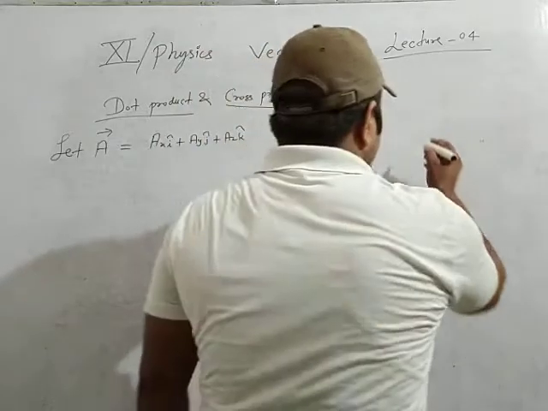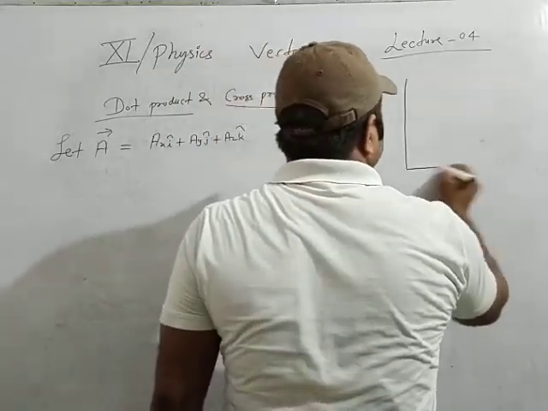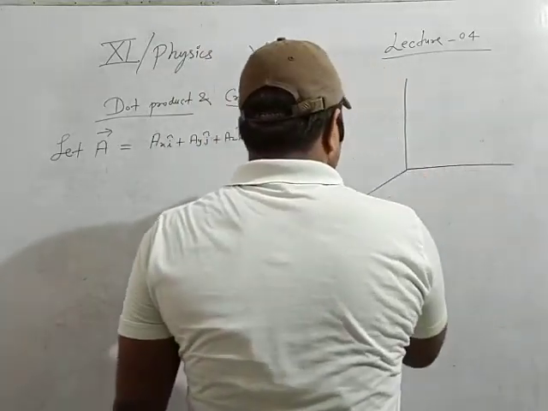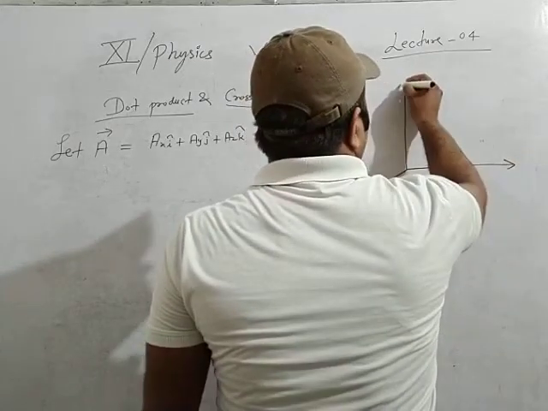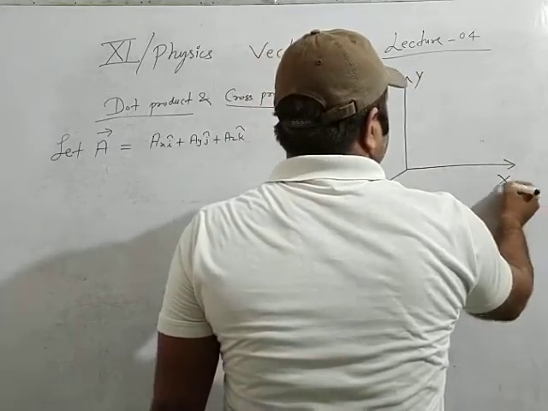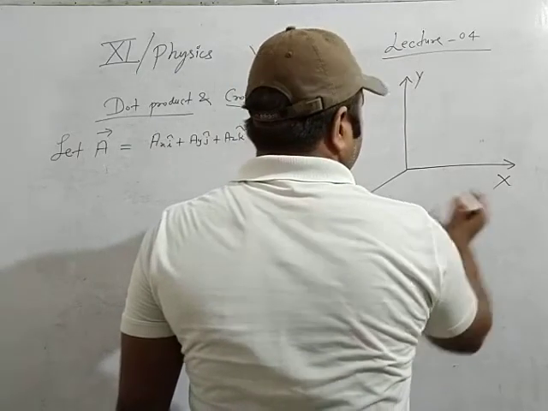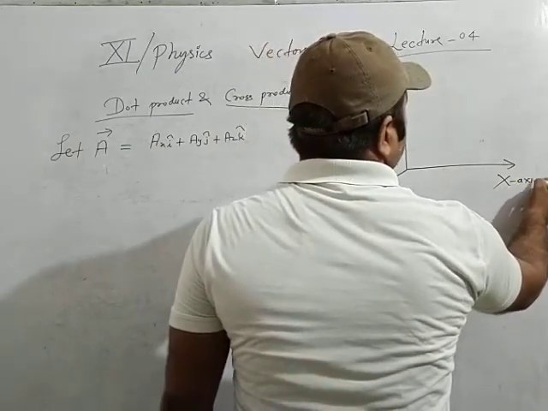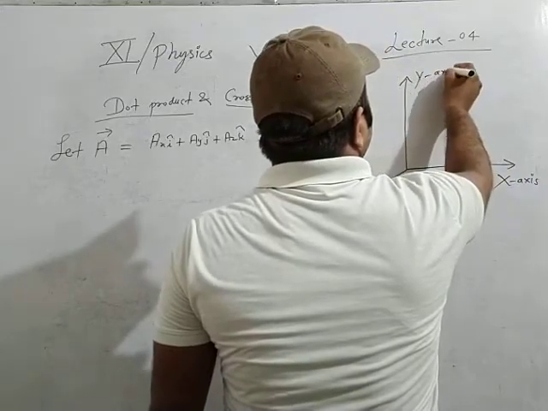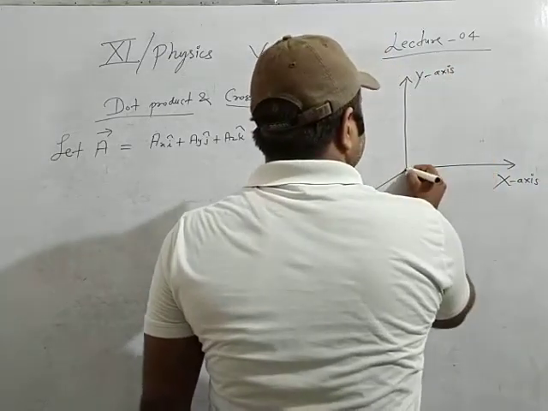Just see the concept of unit vectors. This is the y axis, and this is the x axis, and this is the z axis.